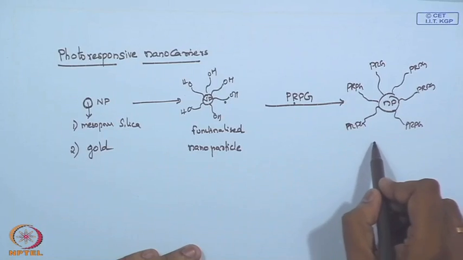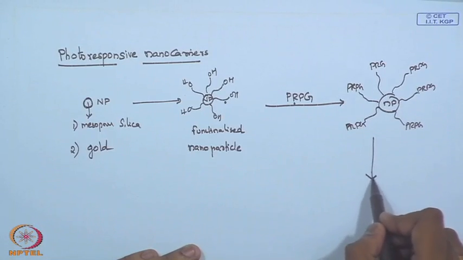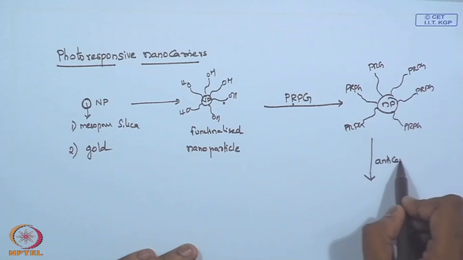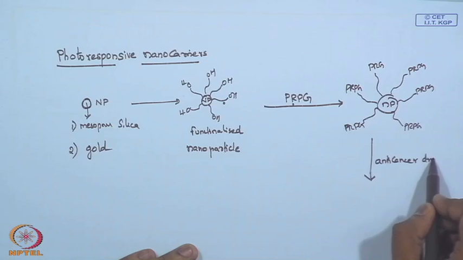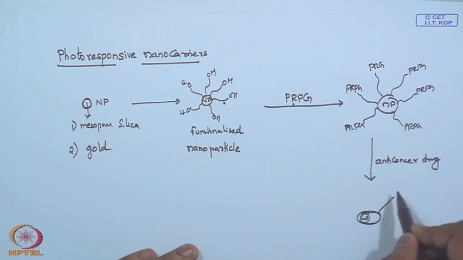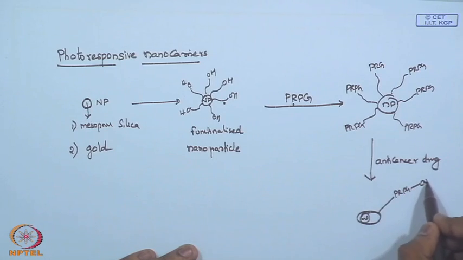Now, once you attach this photoremovable protecting group, you can attach your anti-cancer drug as in the previous case. So you have a nanoparticle carrying a photoremovable protecting group plus the anti-cancer drug.